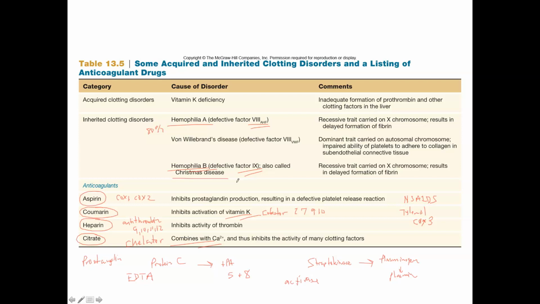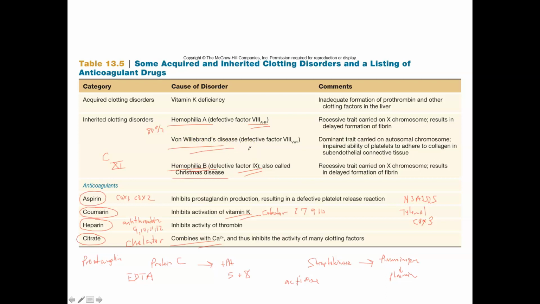There's also a hemophilia C version, much less common, but there's hemophilia C. Hemophilia C is deficient in clotting factor 11. So X1, that would be 11. So deficiency in factor 11. There's also von Willebrand's disease. So again, an inherited disorder.